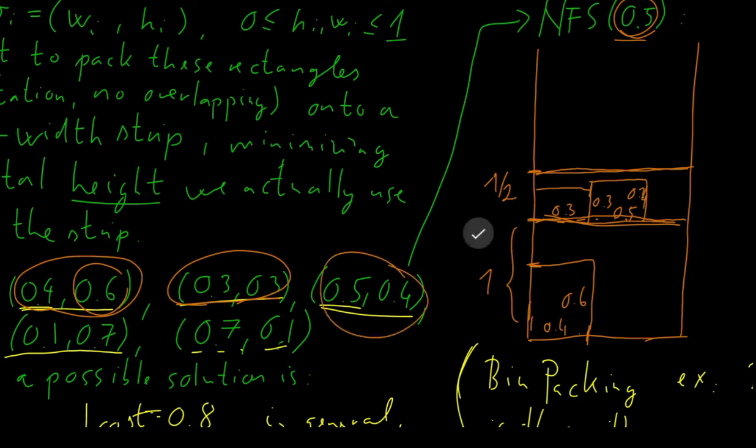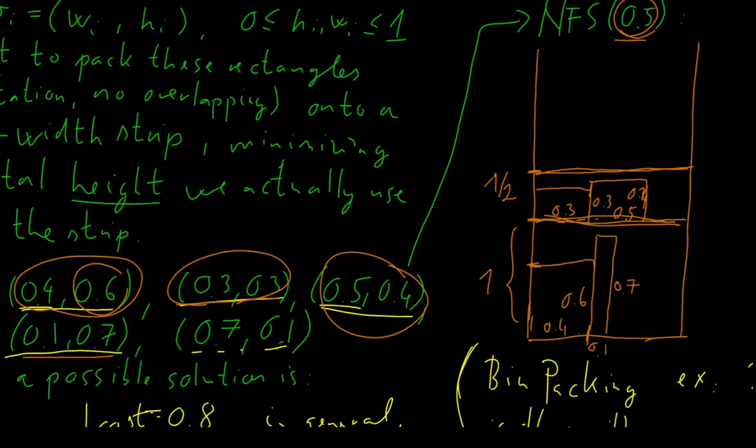Okay, so we just put the second box there. Then we have the 0.1 times 0.7. Now 0.7 is again a height for which we should use a shelf of height 1 because 1/2 is too small, which means that we are just putting this guy there, 0.1, 0.7.